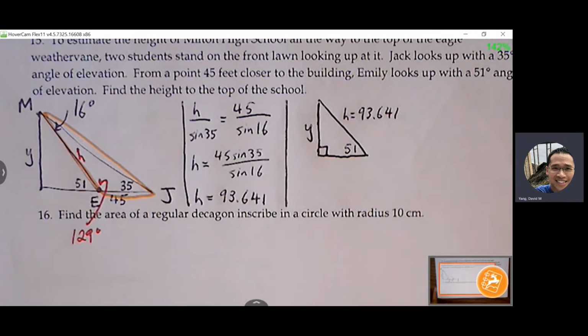So we could find the angle at the top, but I don't think we need it, right? If we just focus on angle 51, what can we use to solve for y? Yep, SOHCAHTOA, right? Which one do we use? Sine, yep. Sine of theta equals opposite over hypotenuse. And then we can use that to solve for y.